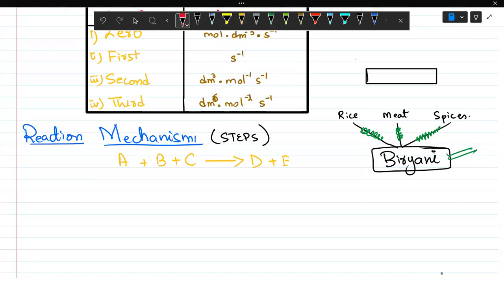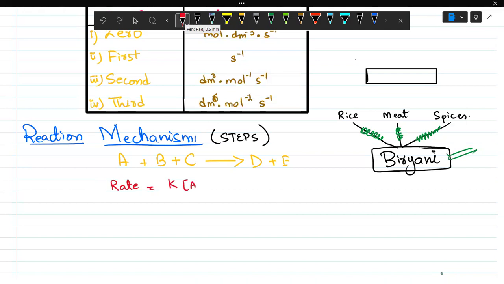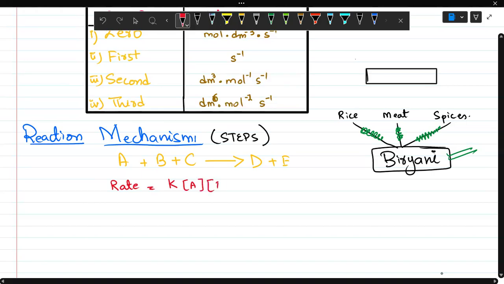Can you tell me that? The rate is equal to K times the concentration of A, the concentration of B, and the concentration of C, all in the first order.